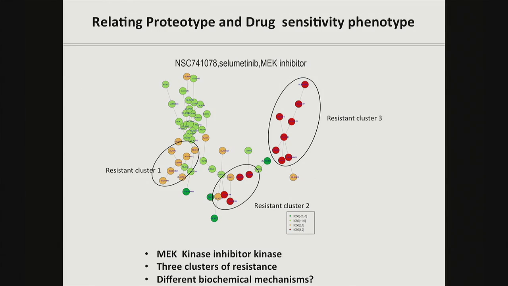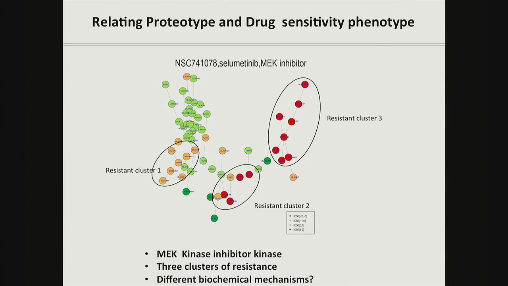And so we can see that there are resistant cells, but there's not one type of resistant cell according to the proteome. From the phenotypic measurement, these cells are just resistant, and so they do not die when the cell is exposed to this drug.